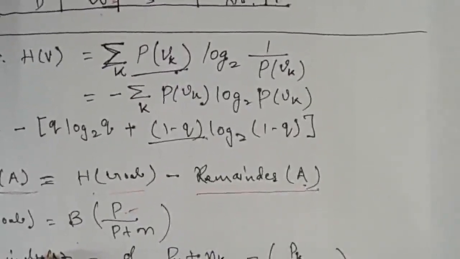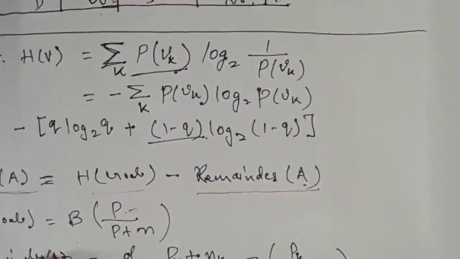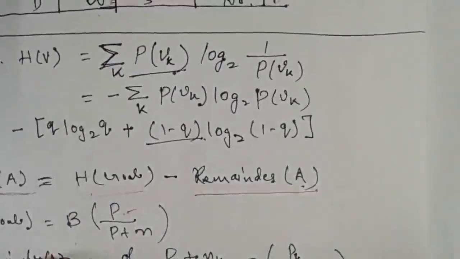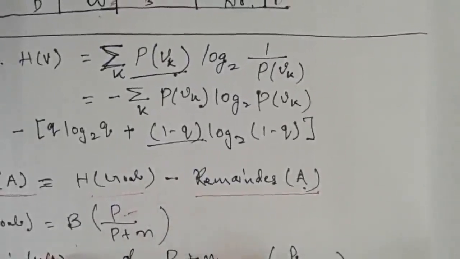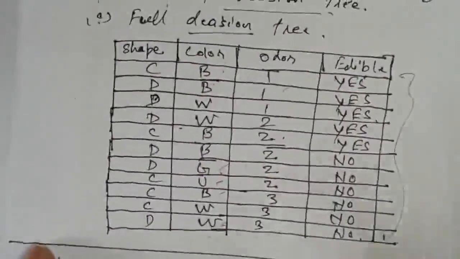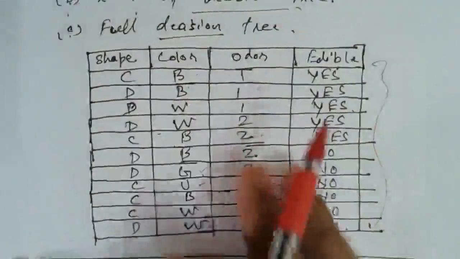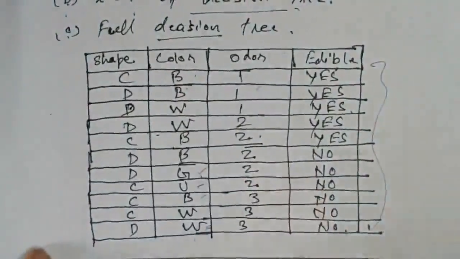Basically P plus N, as we know, P is the total count of yes of the output and N is the total count of no of the output, the negative outputs. And Pk plus Nk is once you have decided that, for example, we take shape is equal to C, what effect do we have?